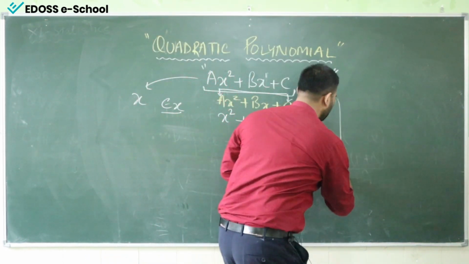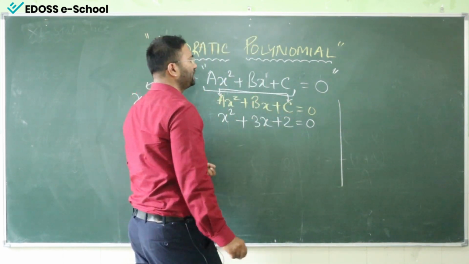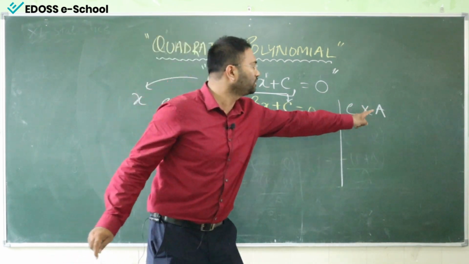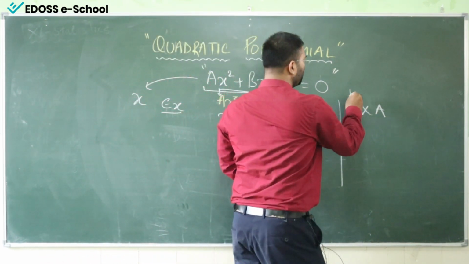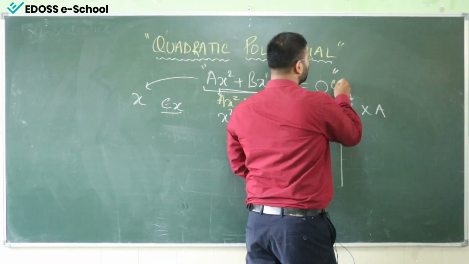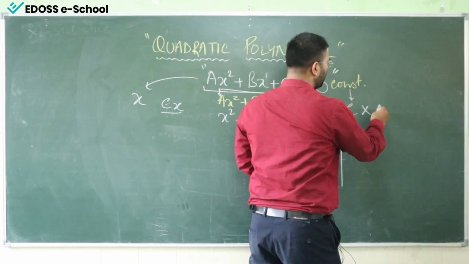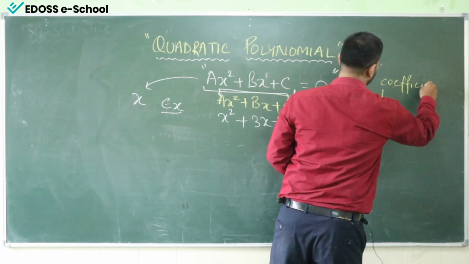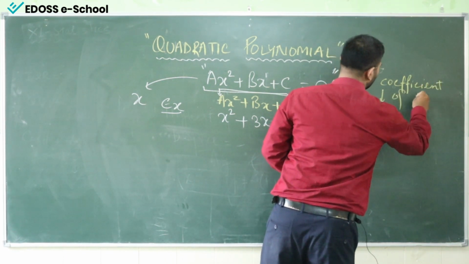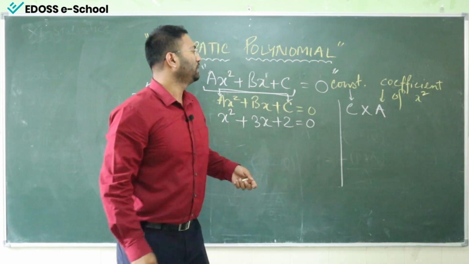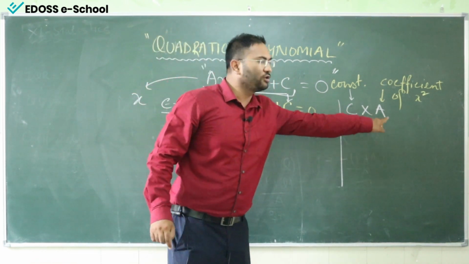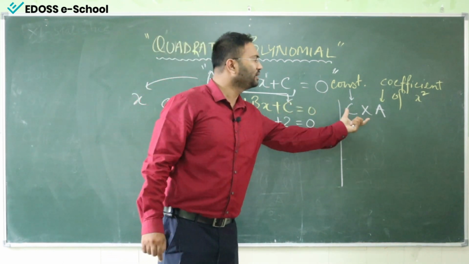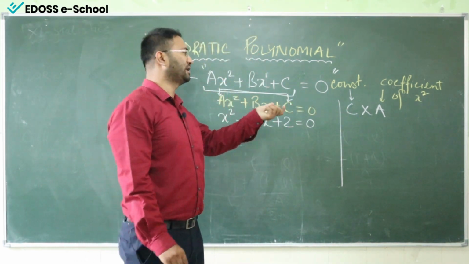On the rough side, whatever we get is the product of the constant and the coefficient of x square. Remember this: the coefficient of x square, not of x. Either you can multiply both of them and then find the factors, or you can simply factorize them with the prime factorization method.